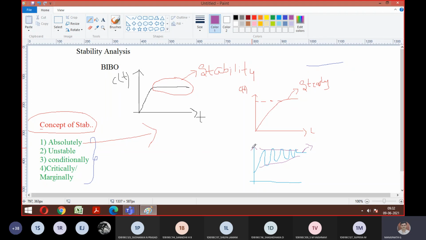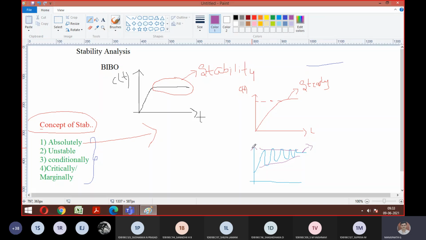A system is said to be stable, it should satisfy two conditions. Condition number one, when input is bounded, this is your BIBO. So when input is bounded and applied, the corresponding output also should be bounded.